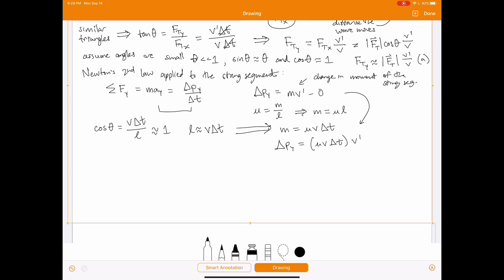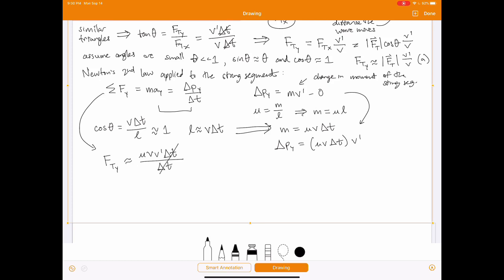Okay, so now let's use Newton's second law, where the net force in the y direction is equal to delta p over delta t. The only force we need to think about in the y direction is Fty. And using all the approximations we made, that's about equal to delta p, which is mu times v prime times delta t, divided by delta t.